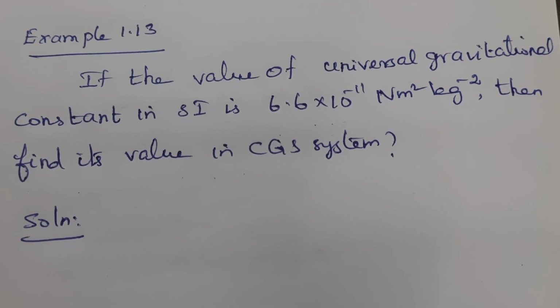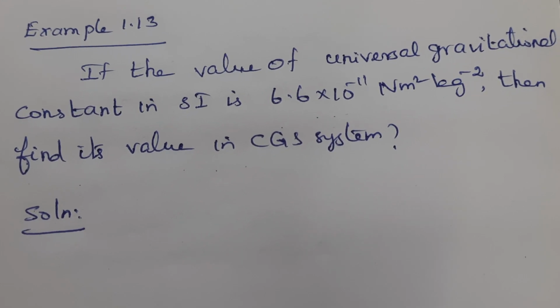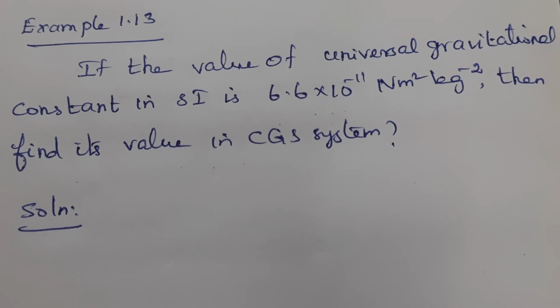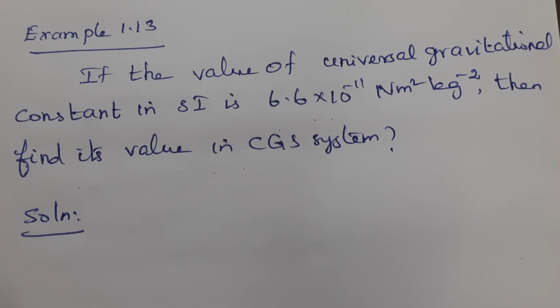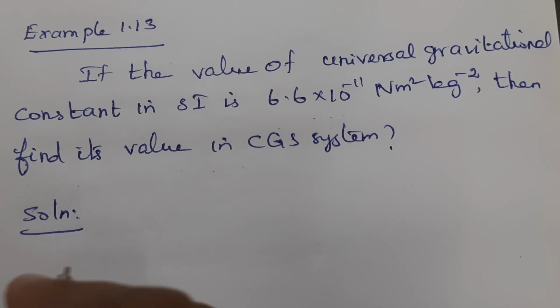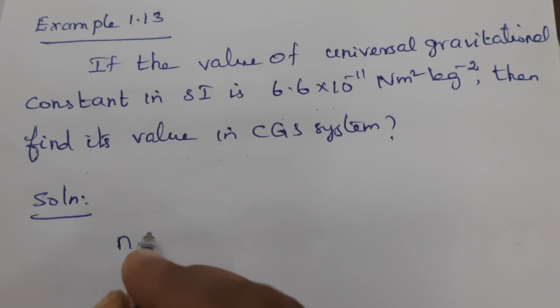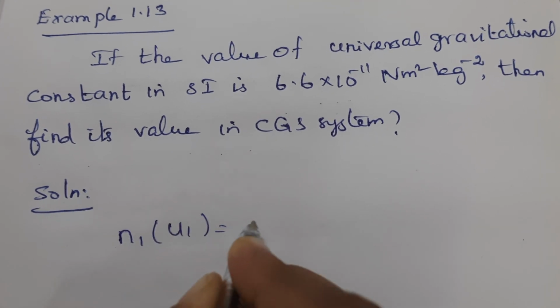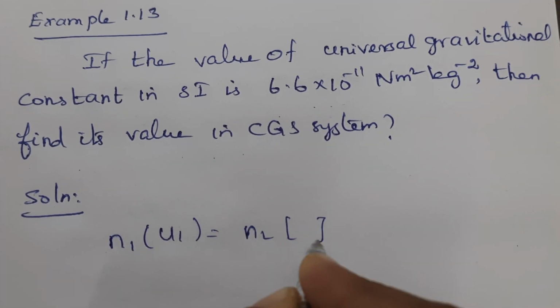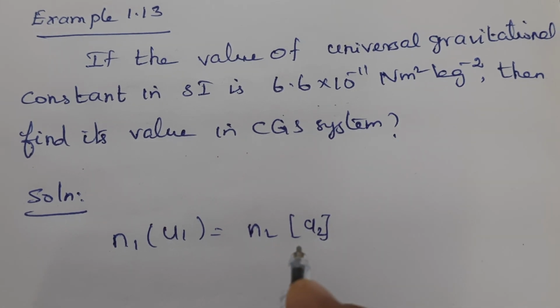This question is based on the first use: convert a physical quantity from one system of units to another. So solution. What is the formula used here? That is n1 u1 is equal to n2 u2.